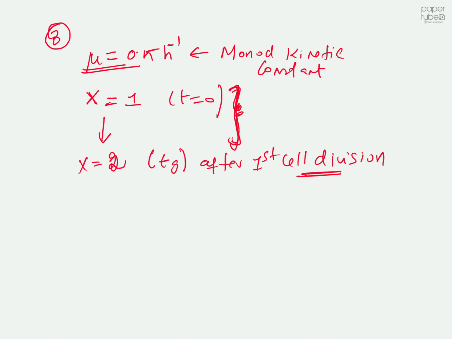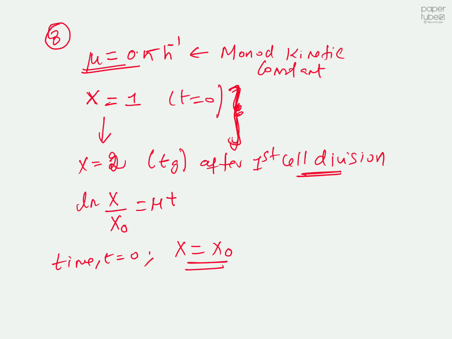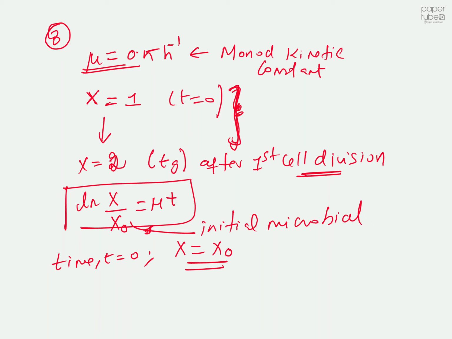Again the same rule: just assume the microbial growth follows the first order expression. So when time t equals 0, if your microbial concentration is x0, in this expression x0 is always your initial microbial concentration or density, expressed in grams per liter, for example.